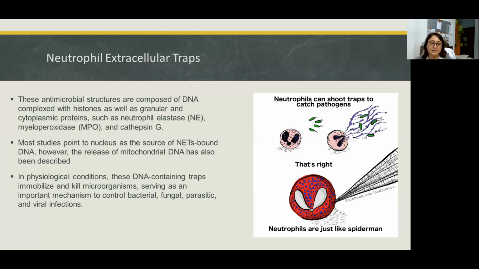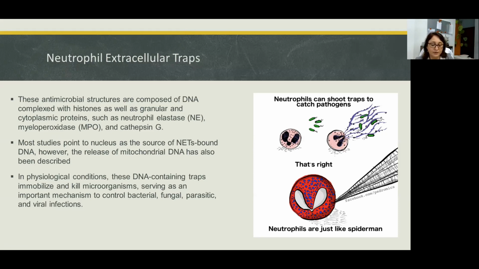But other studies showed that some nets are released even within tenths of seconds, so very, very quickly. And thanks to specific staining, it was shown that these very rapid nets are formed of the mitochondrial DNA.